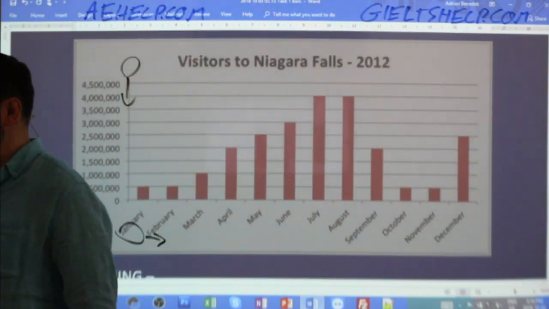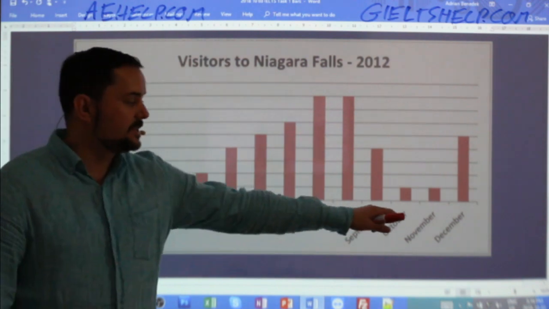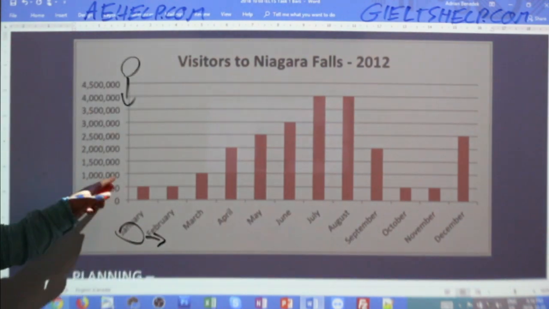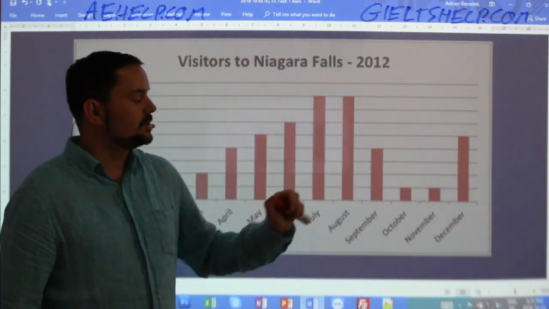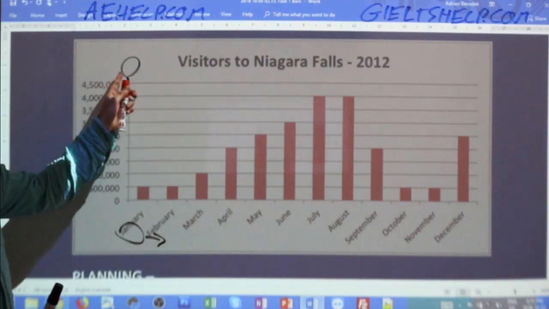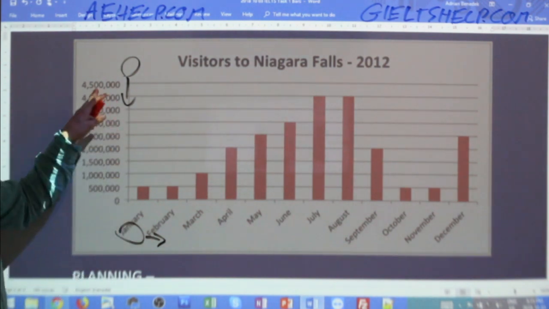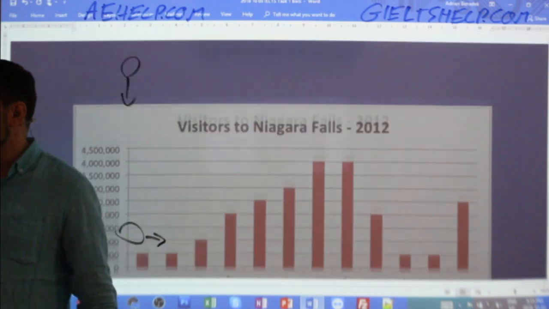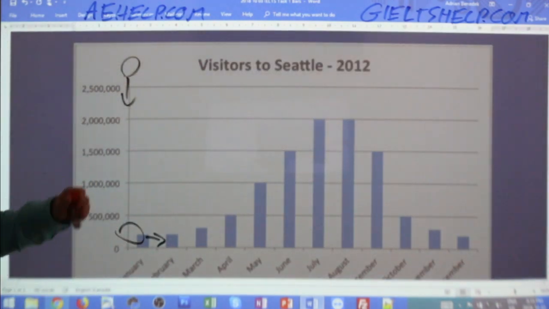Let's have a look at the second one. Woohoo, look at that. So here again, we have January to December, and here we have 0 to, wait, what's that? 4.5 million. So even though the trend looks somewhat similar for most of the year, the y-axis here is very different. It's a range of 0 to 4.5 million versus a range of 0 to 2.5 million.